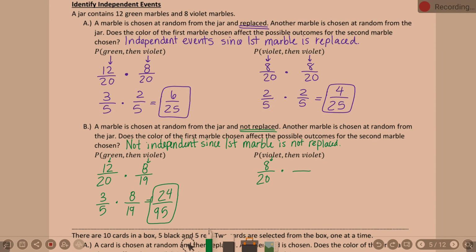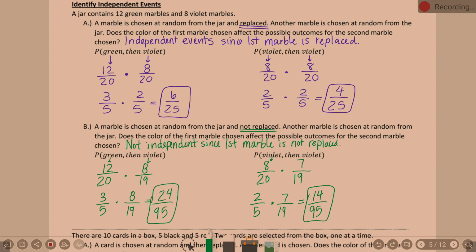And because it's violet followed by violet, we're going to assume there's one less violet marble. And so now there are 7 violet marbles and 19 total marbles. Okay? 8/20 we know reduces to 2/5. 7/19 does not appear to reduce. We end up with 14/95.